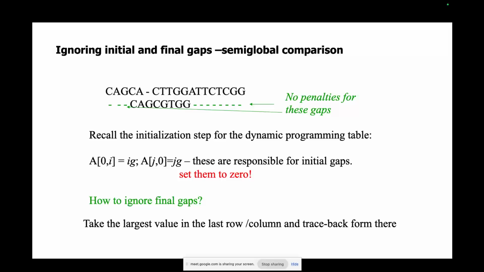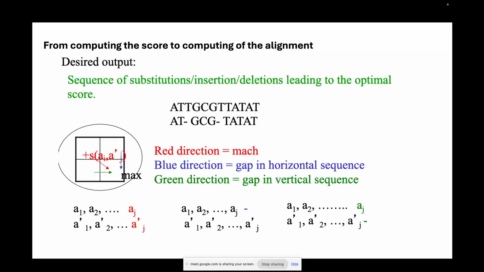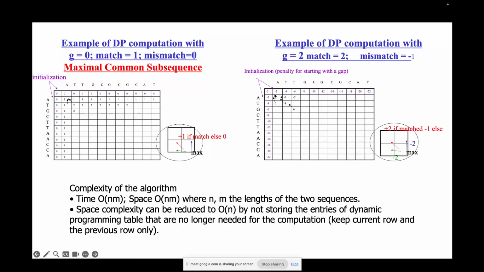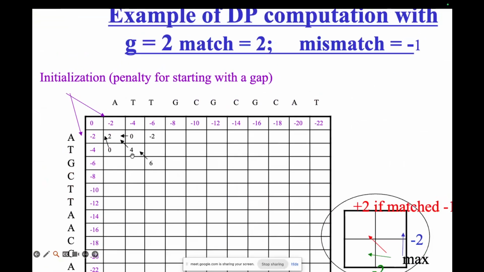Now the idea is that if you just ignore the initial and the final gaps, so if we started off here, right? These are the set of initial gap scores that we have taken, and from here we build on the alignment.